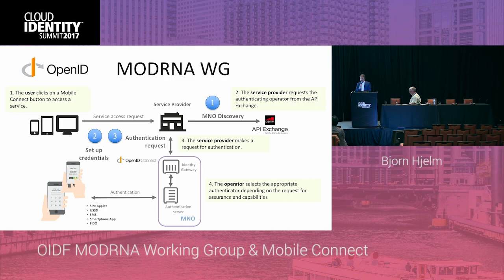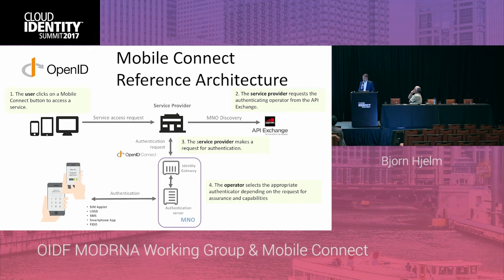So where does MODRNA fit in? MODRNA specifies the MNO discovery, first of all, and then it's also when the service provider sets up their client to go through client registration. And then MODRNA also specifies the authentication profile used for the authentication part. Maybe I should clarify: if you look at the Mobile Connect architecture, it really has two components.